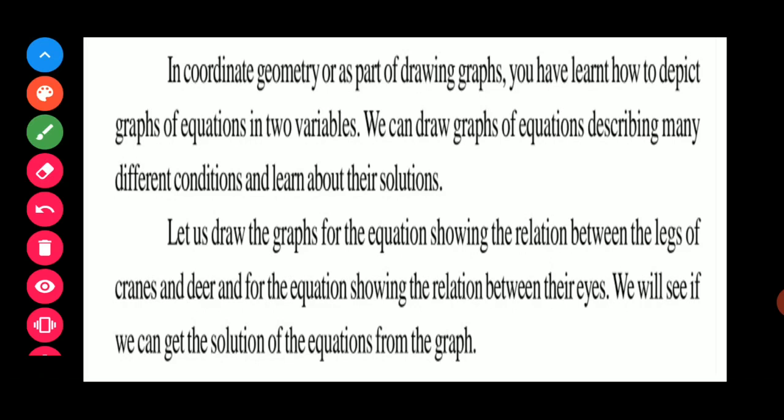Let us draw the graphs for the equation showing the relation between the legs of cranes and deer, and for the equation showing the relation between the eyes. We will see if we can get the solution of the equations from the graph.